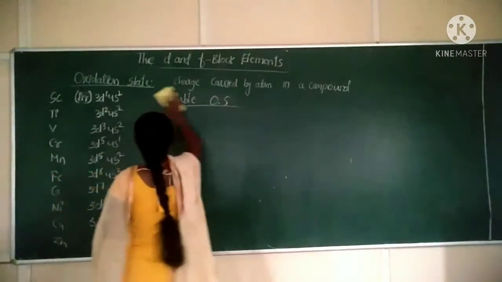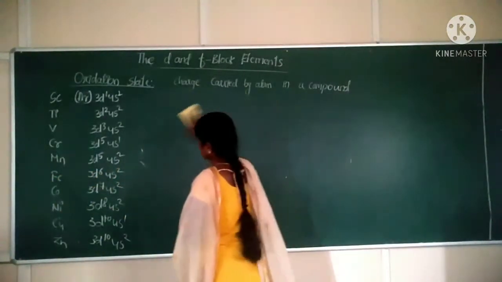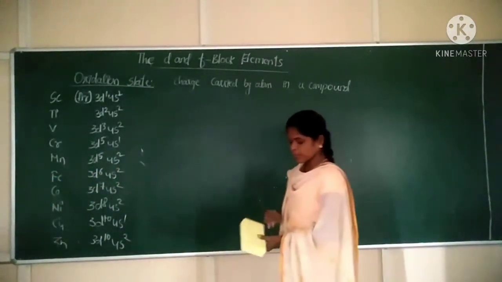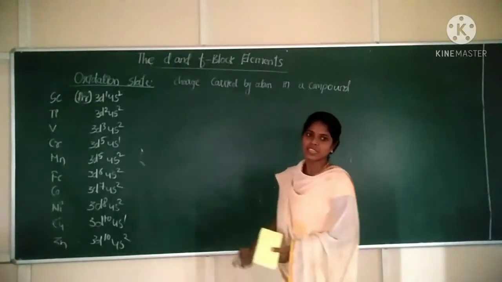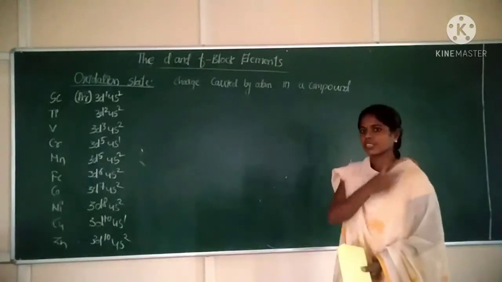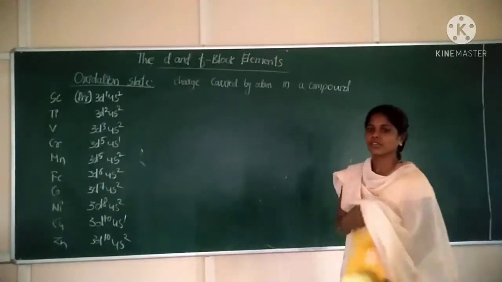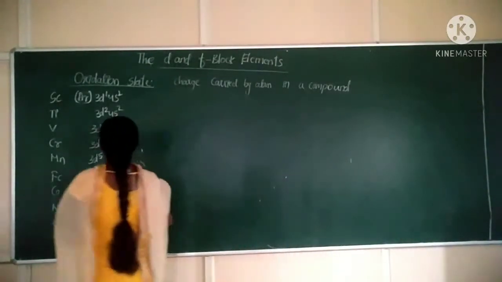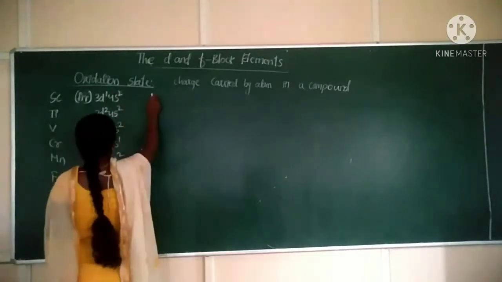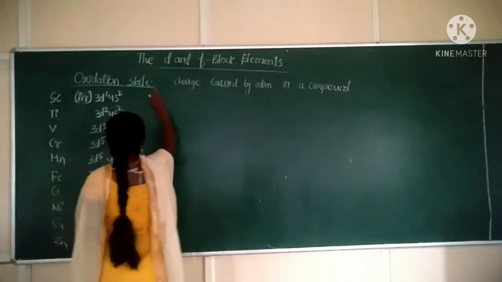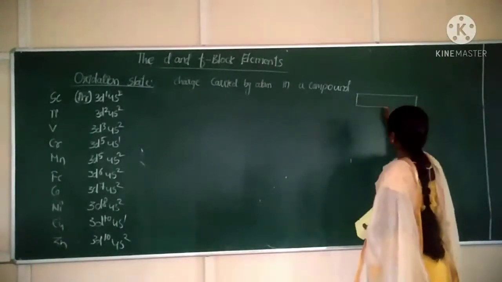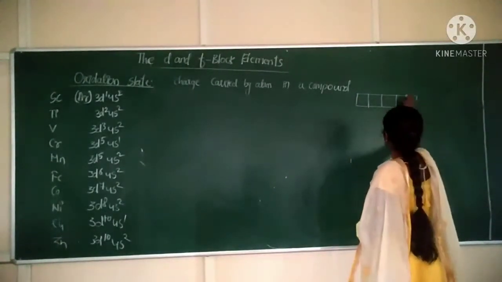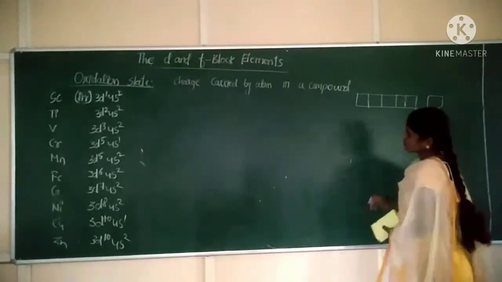Now these elements show variable oxidation state. And one more thing, all the 3D series elements show positive oxidation states, which means they can lose electrons. So if you write the configuration of scandium, 3D1 4s2.